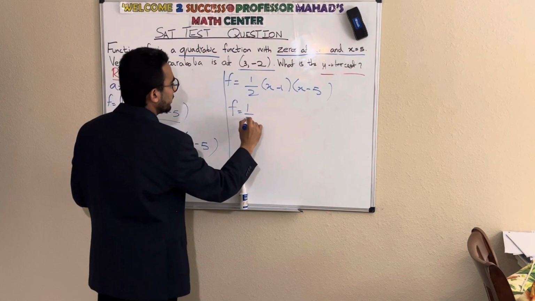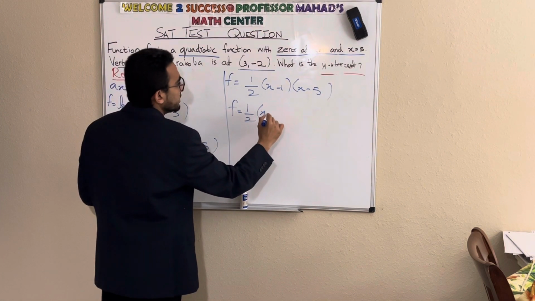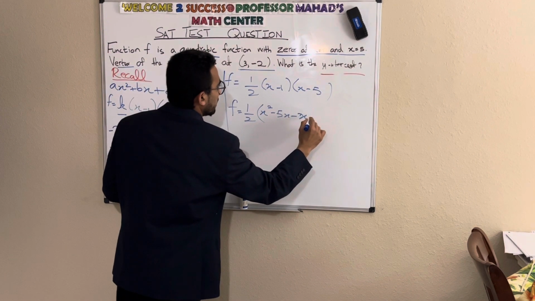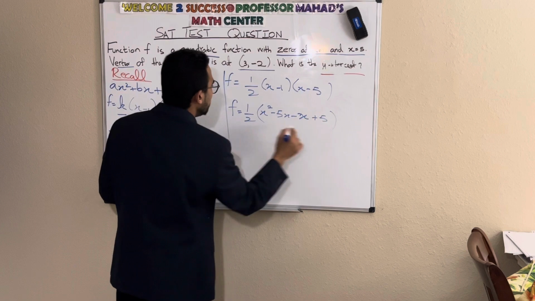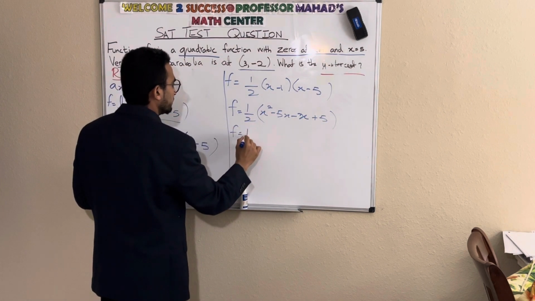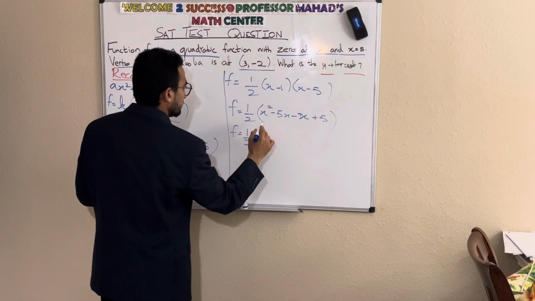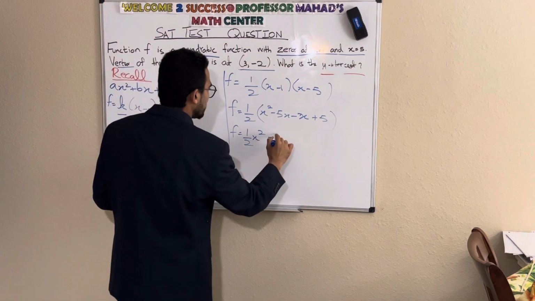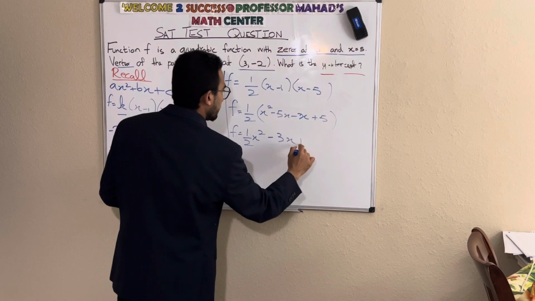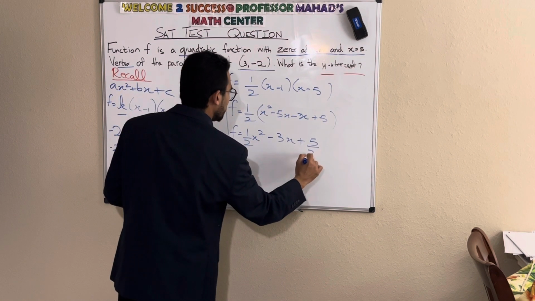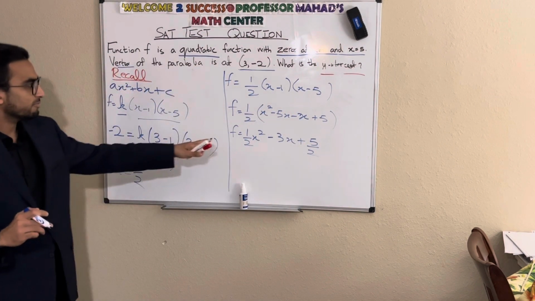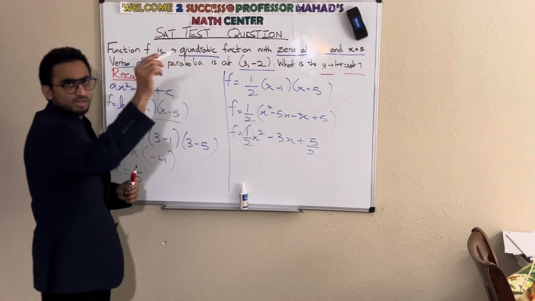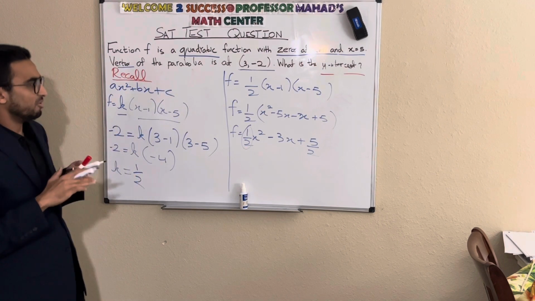Let's expand it really quick, although we don't need to, just to show you guys. So this is going to be half x squared minus 3x plus 5 by 2. This is what you will get when you expand this. You see this half is positive, meaning it's a happy face. We found that out already.